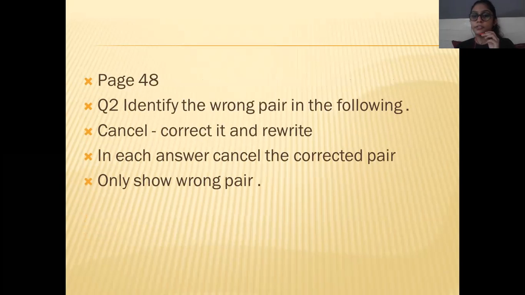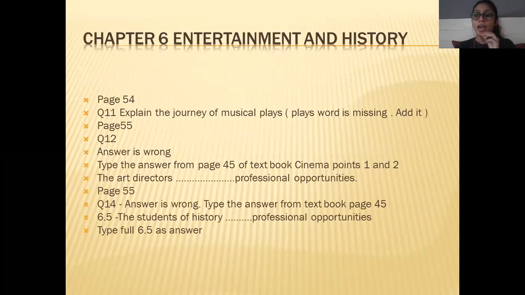Now, page number 44, identify the wrong pair in the following. Cancel the correct it and rewrite. You don't have to correct it and rewrite it again everywhere. We know we just have to identify the wrong pair. Now, since we know there is a reduction in the syllabus this year, chapter number 6 is also omitted.